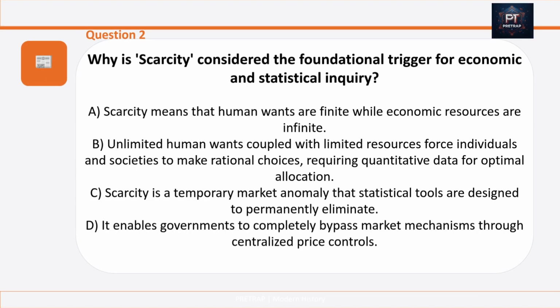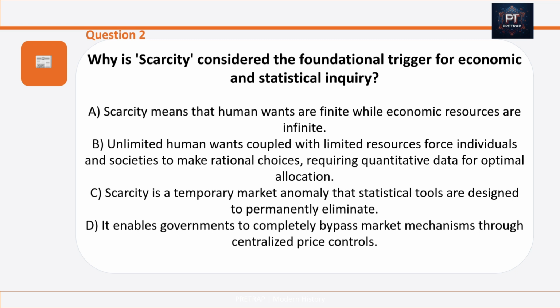Question number 2 is, why is scarcity considered the foundational trigger for economic and statistical inquiry? Option A. Scarcity means that human wants are finite while economic resources are infinite. Option B. Unlimited human wants coupled with limited resources force individuals and societies to make rational choices requiring quantitative data for optimal allocation.